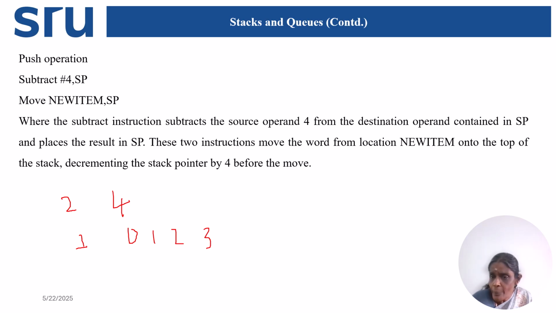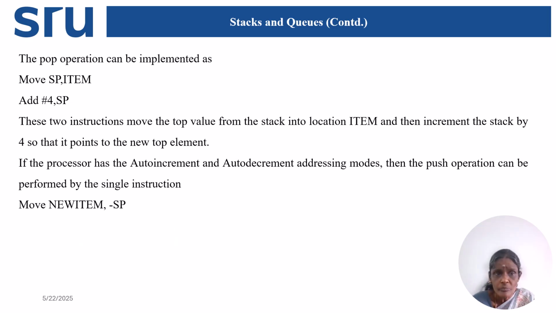For the pop operation, add 4, because we are removing, so the stack pointer will come down and the address will increase. From top to bottom the address increases, from bottom to top the address decreases. This is the difference.